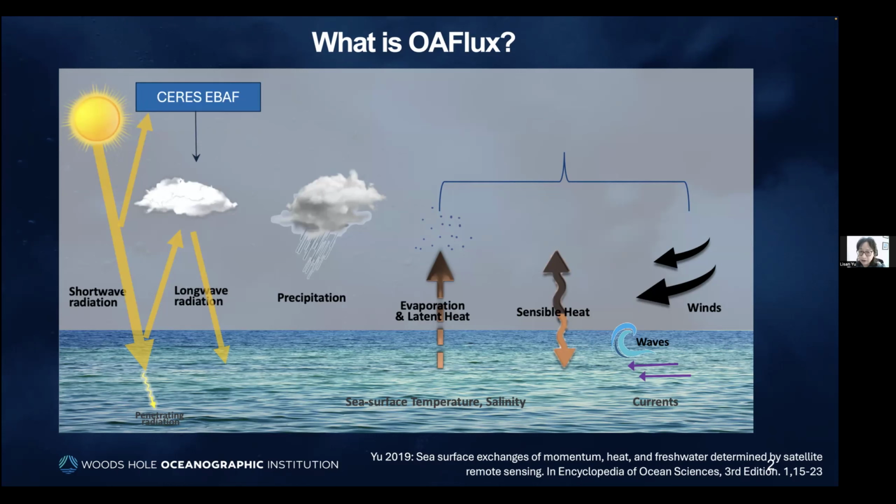You probably already know that radiation is done by the CERES team, which produces both top of atmosphere radiation and also radiation at the air-sea interface. And the precipitation by the GPCP group, and most of you probably still remember what we heard from them last week.